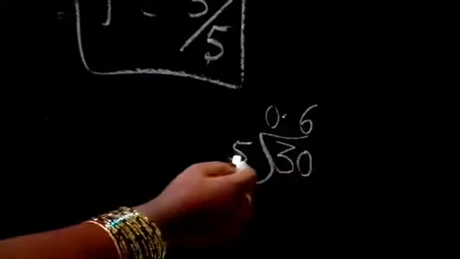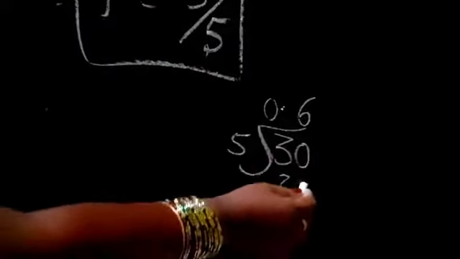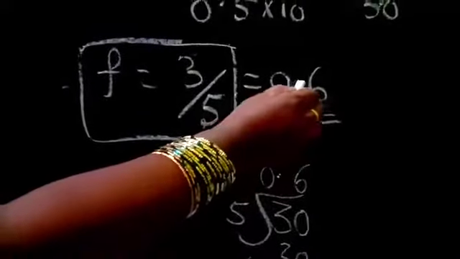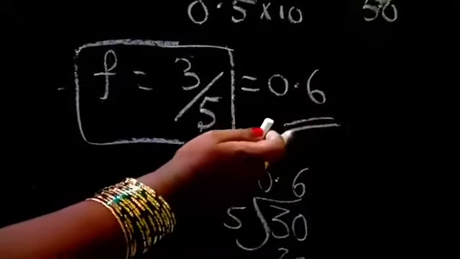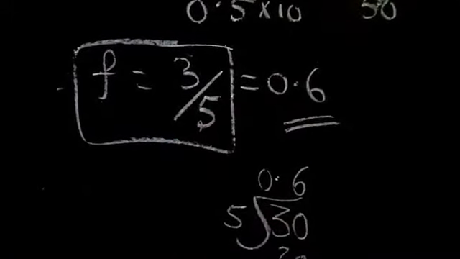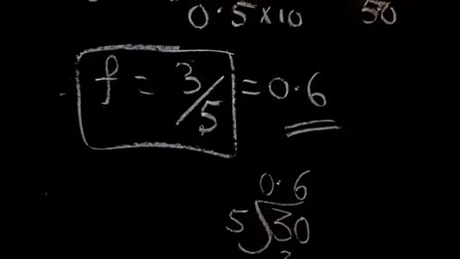So 6 5s are 30. So 30 minus 30 is 0. So this value is 0.6. Both are the same value, but we are going to check with 0.6 because they have given the question in decimal points. f value is 0.6.